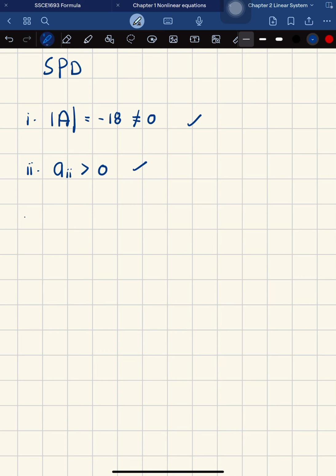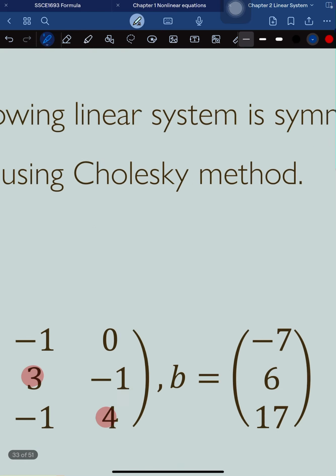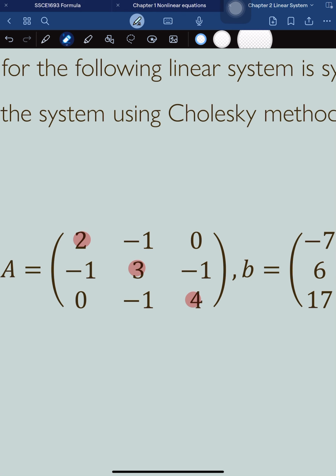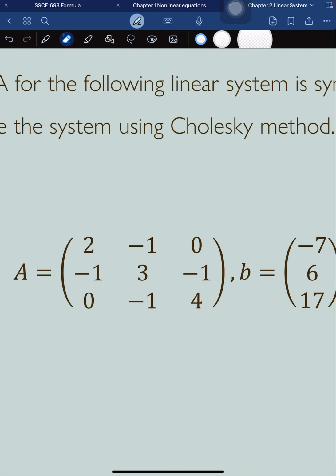Yes. Okay, the third property is the maximum. The maximum at the diagonal must be greater than the maximum not at the diagonal. So we look at the diagonal, and the maximum is 4.